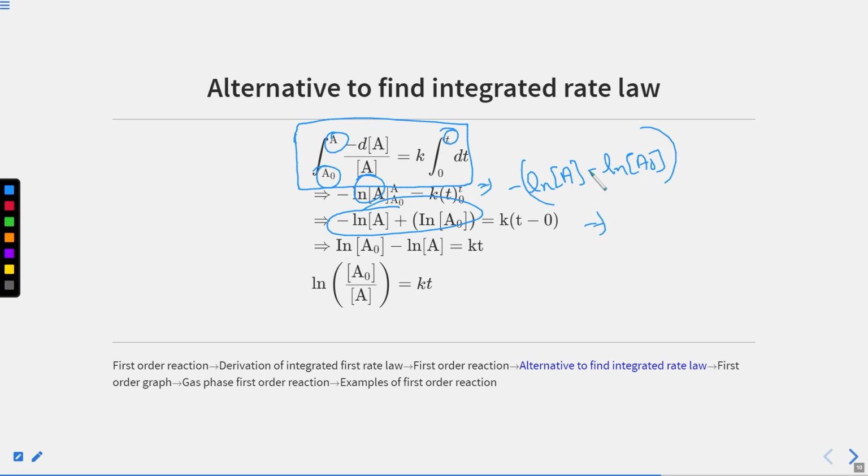Now if you introduce this negative sign inside, that would give us ln A naught minus ln A is equal to kt. Again, we have used the same property and we have put ln A naught by A is equal to kt. So you can see how simply we can find it by knowing the limits at two different points. So this is the alternative way to find the integrated rate law.